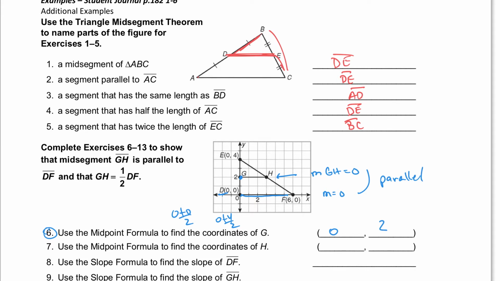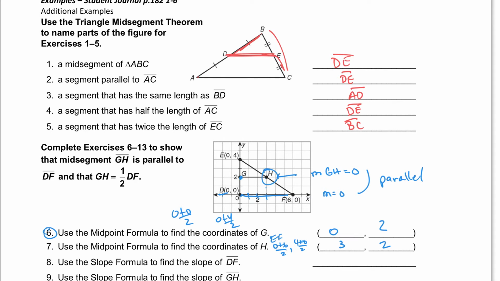And use the midpoint formula to find the coordinates of H. Again, what I'm going to do this time is I will use the formula because I'm going to find the midpoint from E to F. And the midpoint here will be 0 plus 6 over 2, and then 4 plus 0 over 2. So this will be 3, 2, and sure enough, it's at 1, 2, 3, 1, 2, right there.